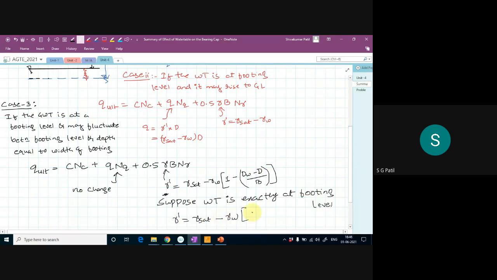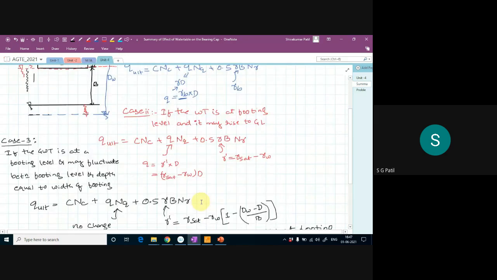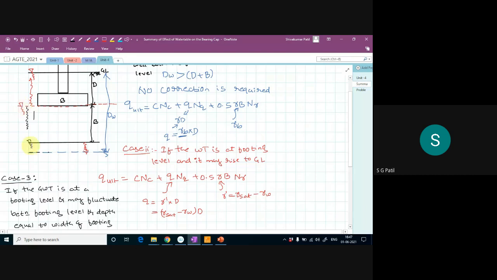Gamma dash equals gamma sat minus gamma w into 1 minus (dw minus d) by b. Now my dw is equal to d, so dw minus d will get cancelled because both are the same quantity. It will become 0, so this term will become 0. Ultimately you are left with gamma sat minus gamma w.